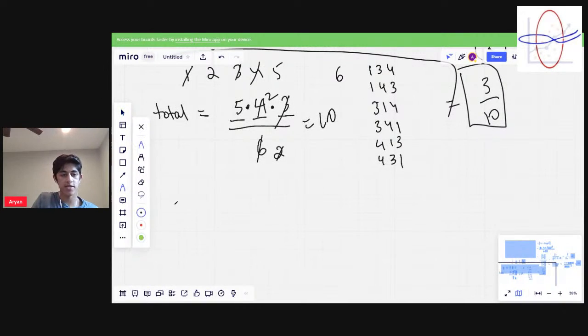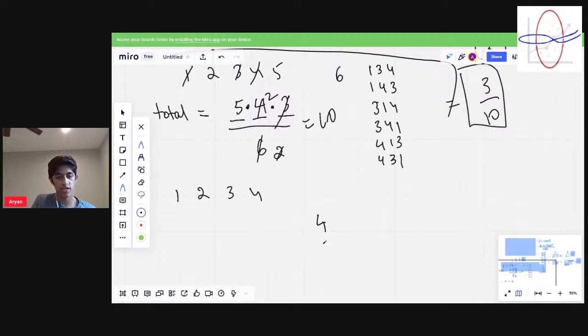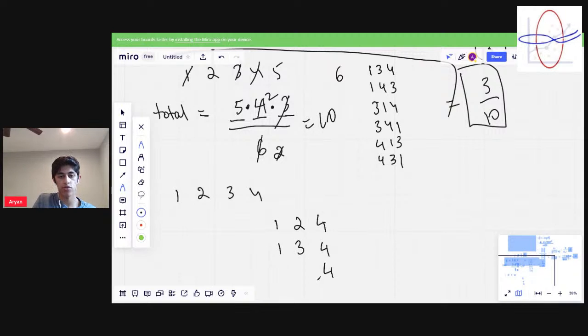And now to find the number of sets of 3 numbers where 4 is our highest or largest digit, we can just list this out, right? Because 1, 2, 3, 4, these are the possible values I could use. I know 4 has to be in each one of my arrangements. So I could do a 1, a 2, a 4, a 1, a 3, a 4, or a 2, 3, 4.